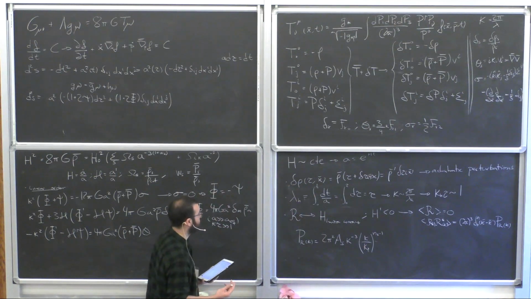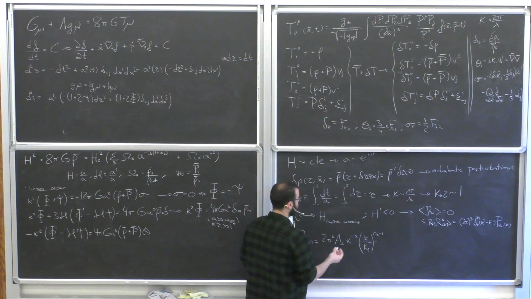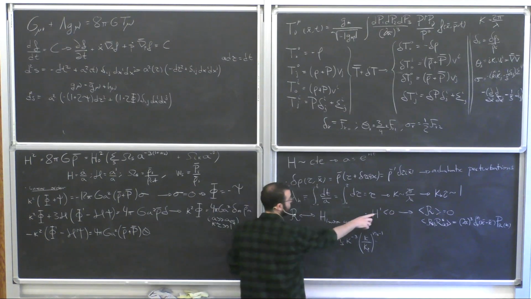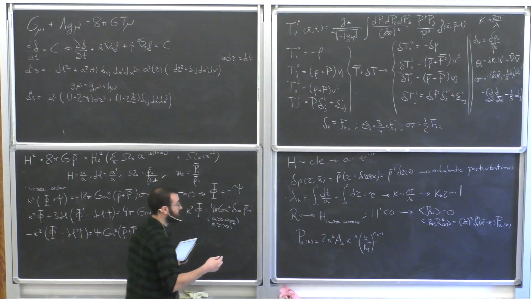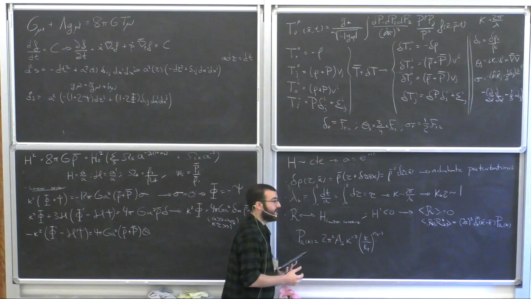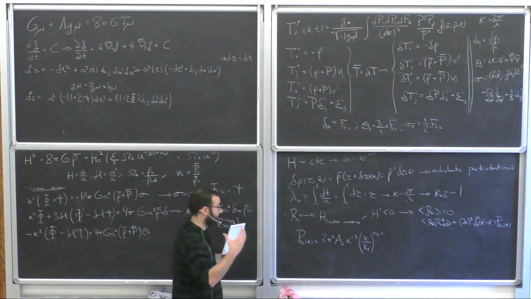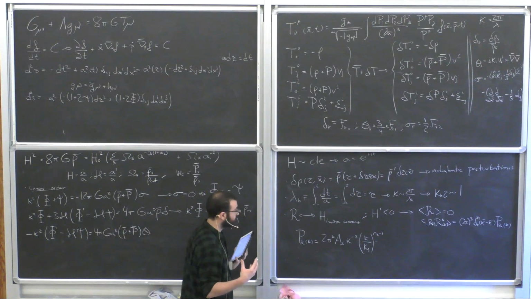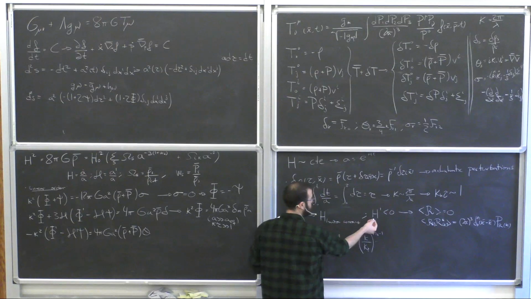And this is one of the most important predictions of inflation. Since the Hubble parameter decreases very, very slowly, smaller scales that leave the horizon after the larger scales are going to have a smaller expansion rate.